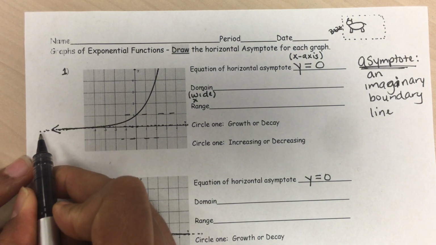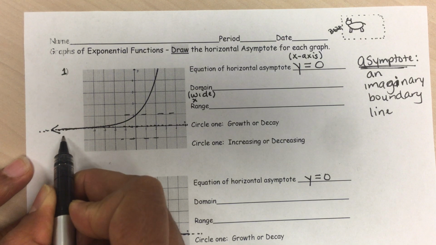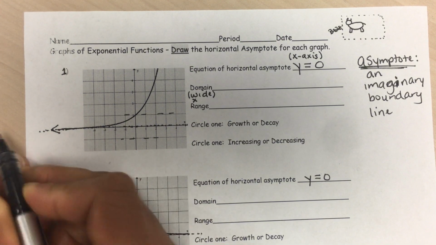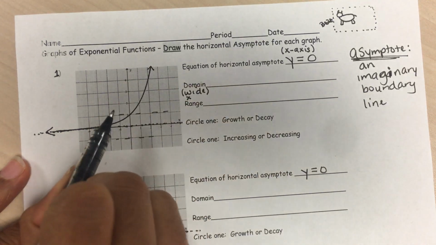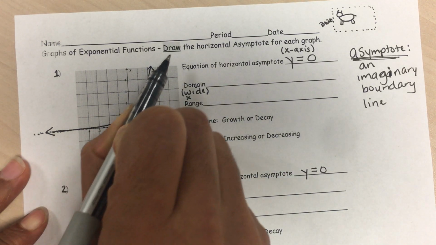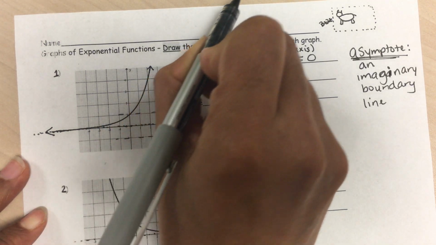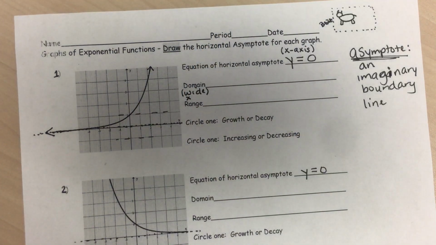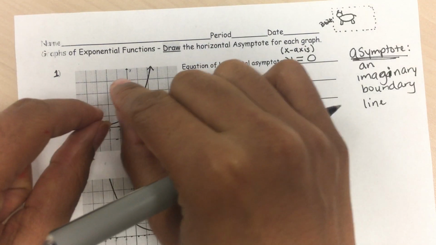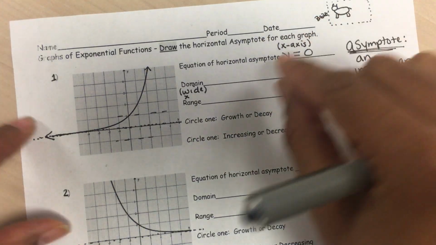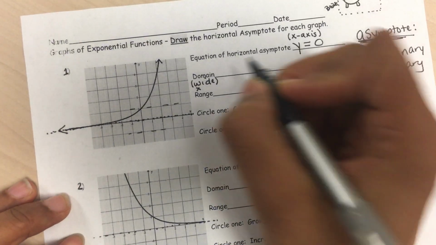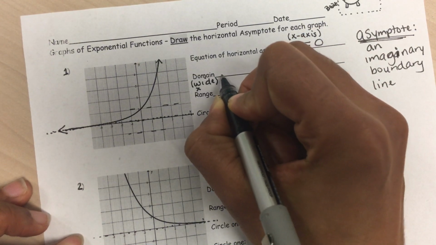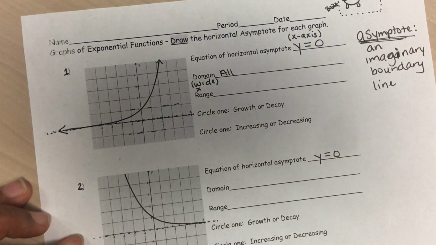There are no endpoints on this graph. This goes to negative infinity. This is not straight up, so it is also going to the right. And how long is it going to go to the right? To positive infinity. So how wide will my function eventually be if these arrows go on forever and ever? My function will be infinity wide. So what are we going to say for domain? All what?